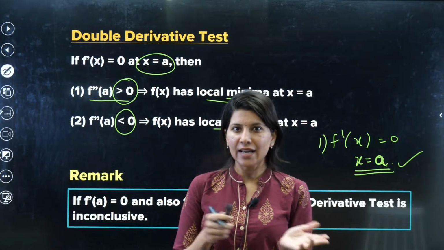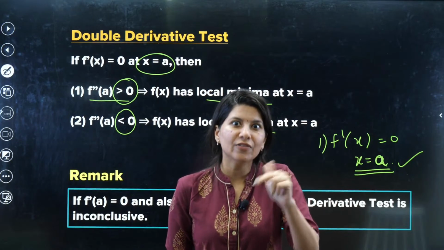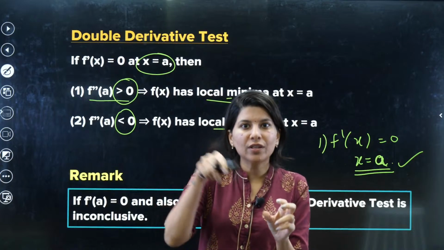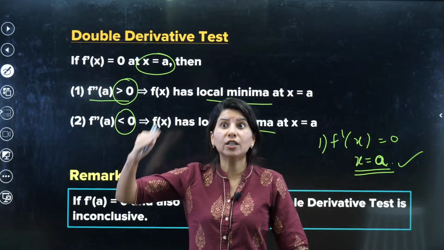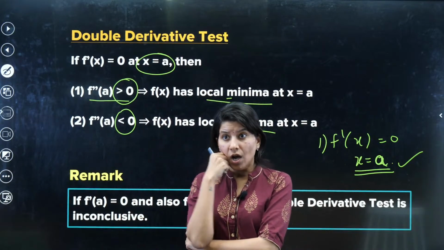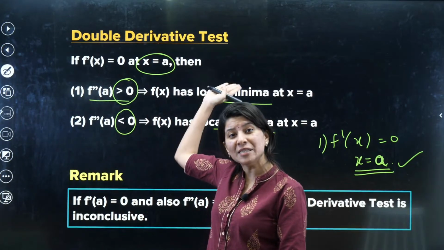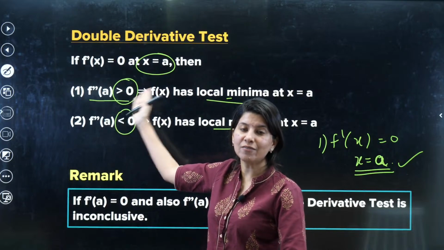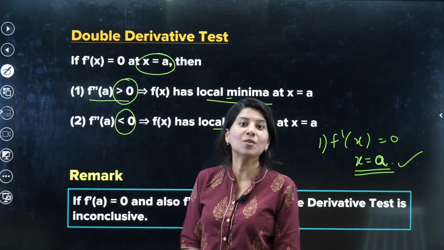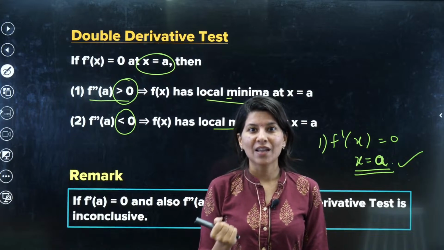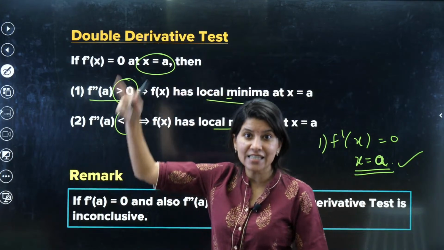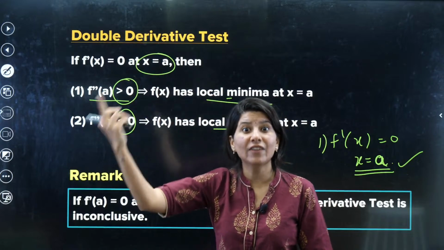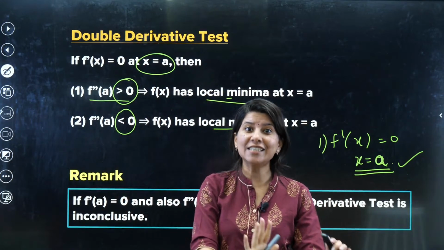For critical points, f dash x equals 0, I differentiated it twice and put the value, f double dash a, I calculated and I found it to be 0. And you were saying that positive means minima and negative means maxima, but I got 0, ma'am. Now what to do? If you are getting 0, that means your double derivative test fails over here. Test fails. Question is still there.